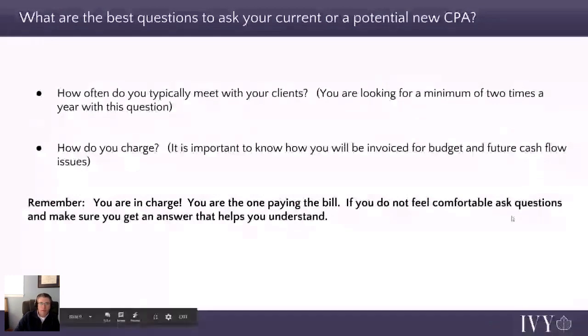Okay, how often do you typically meet with your clients? You're looking for a minimum of 2 times a year with this question. If they're saying that they meet once a year, I don't think that that's valuable enough for you. We have a minimum in my business where we typically want to meet with our clients at least 4 times a year, and what that does is it's a check-in.